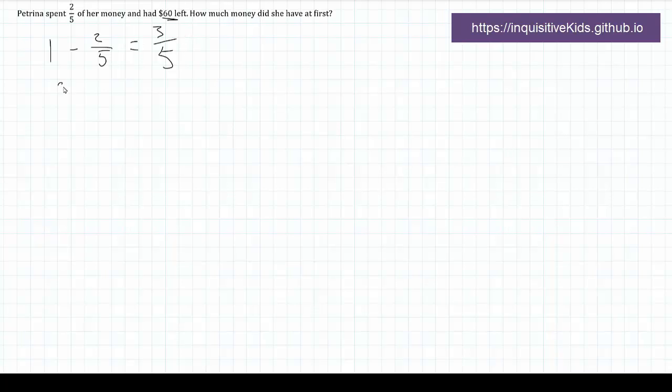And since 3/5 is equal to 3 times 1/5, and that right now in this problem, this 3/5 is equal to $60, we can divide 3 from both sides.